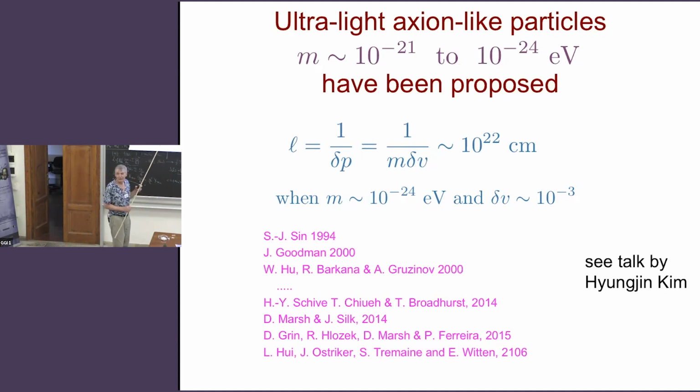I'm told I should say it this way. And then many others. And there's a very nice review of this proposal by Hui, Ostriker, Tremaine, and Witten. And we'll talk about this tomorrow, according to the title given for the seminar tomorrow. Wave dark matter, I think.